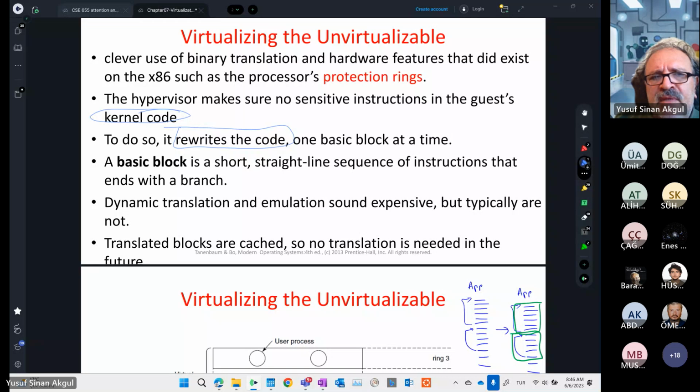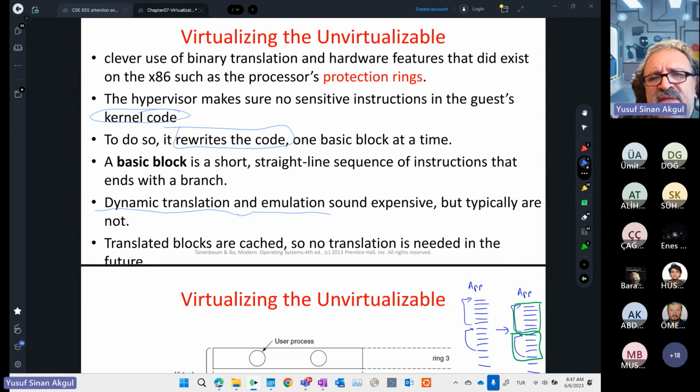So basically, this is dynamic translation and emulation. If you don't have any hardware support for virtualization, this is what you do. You translate and emulate your guest operating system's code so that it doesn't include any sensitive instructions.